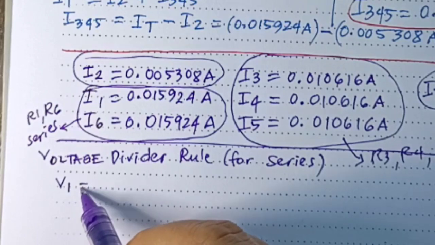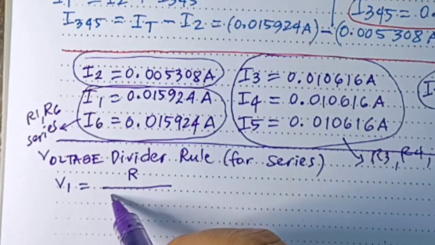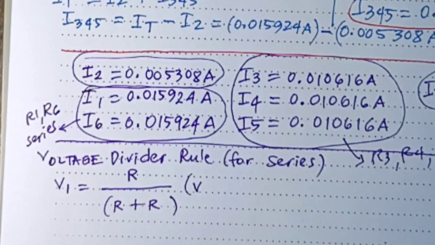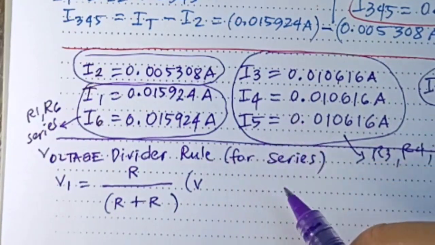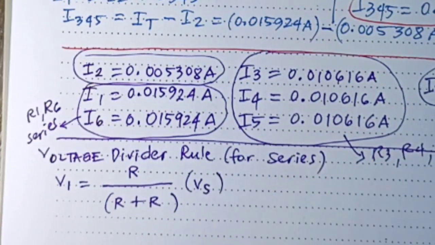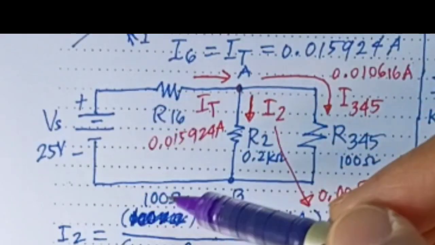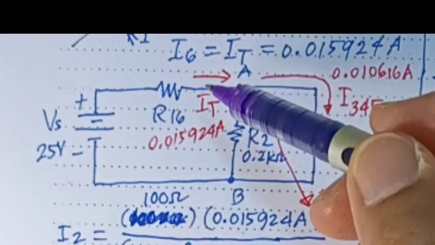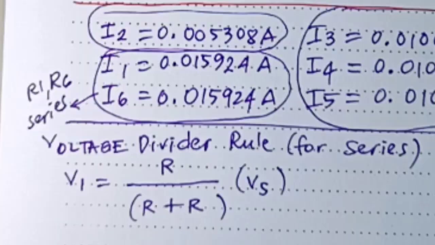We will write V1 equals R over R plus R, and we will multiply it also with V. But the V that we will use here is V total, or the VS. And the R that you will use here are the two resistors in series, here R16, the R1 and R6. But we have to consider also the R2, 3, 4, 5. That's what we will do.